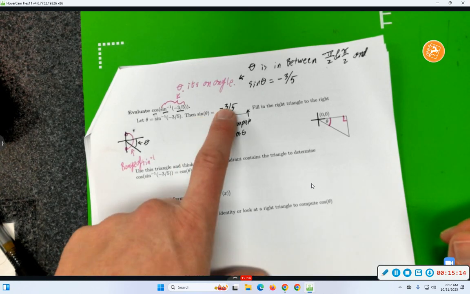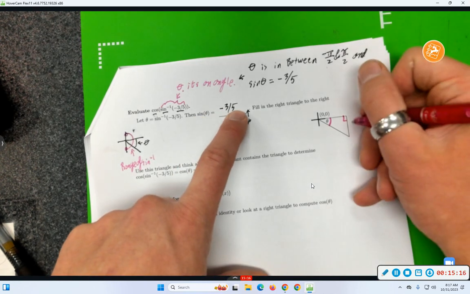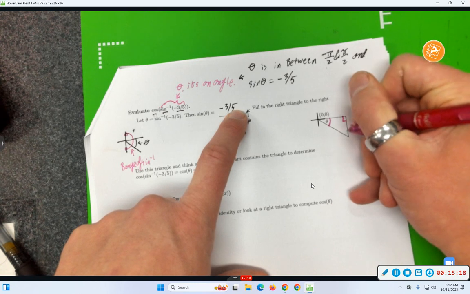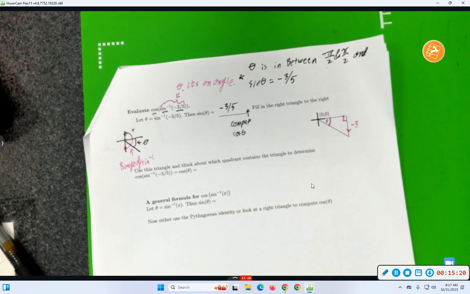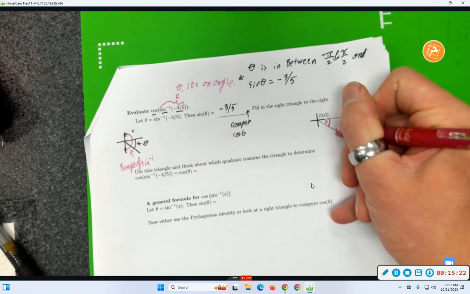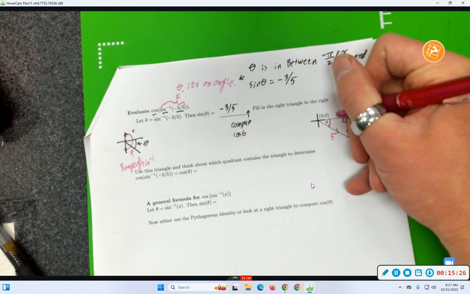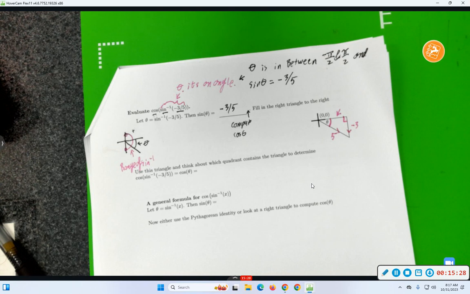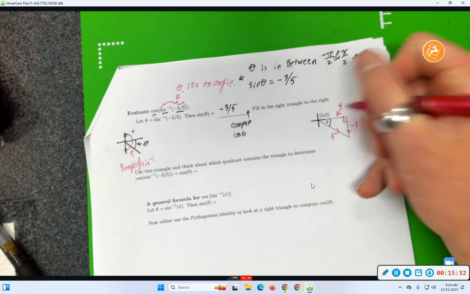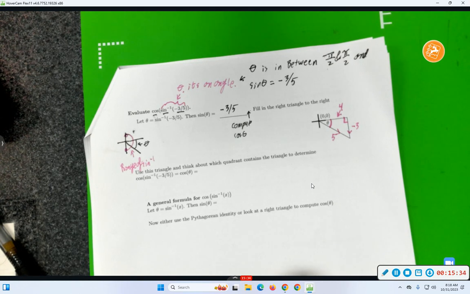Sine is equal to opposite over hypotenuse. So the opposite side, I'll label it as negative 3. It's negative because it's pointing down. And this hypotenuse has length 5. I guess that means the adjacent side length, well, we could solve to find it. Or you could say, well, you recognize this. This is a 3, 4, 5 triangle. Oh, wait, that tells you everything, right?